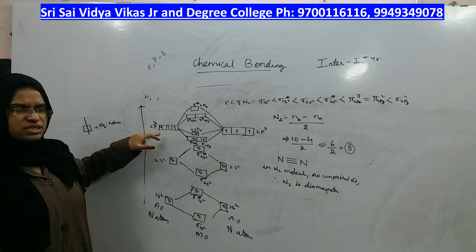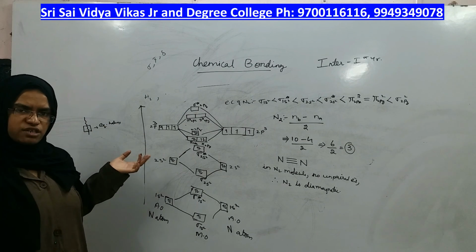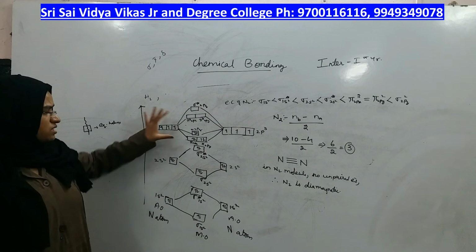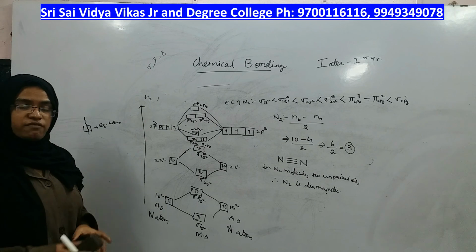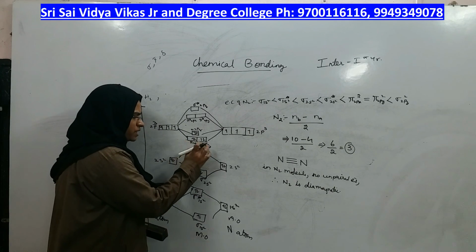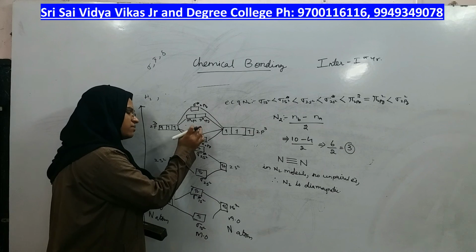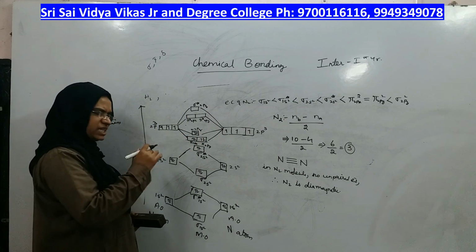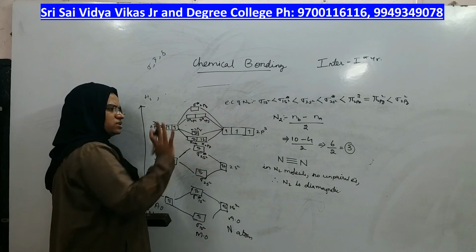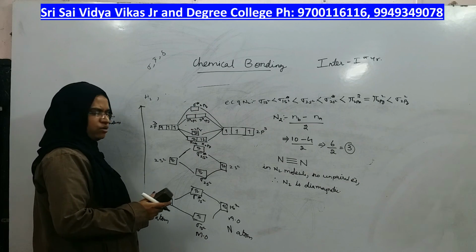Therefore till nitrogen it is unsymmetrical, but after nitrogen, which is oxygen and fluorine, this diagram becomes symmetrical, which means pi 2px and 2py comes above, sigma 2pz comes below. If that is the case, the diagram looks completely symmetrical. How? Let us see.